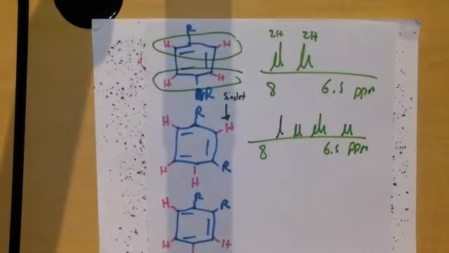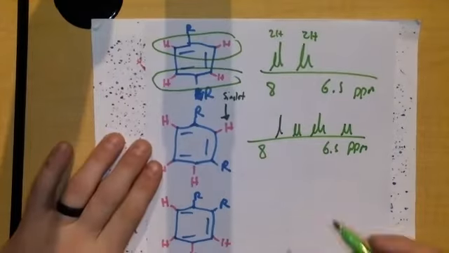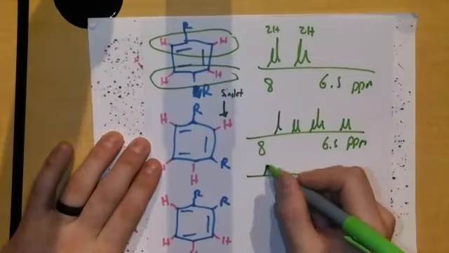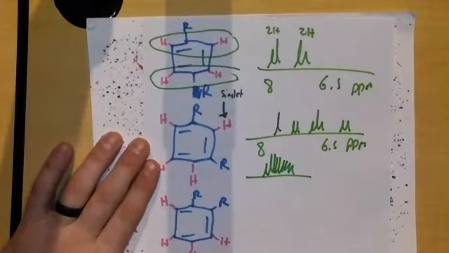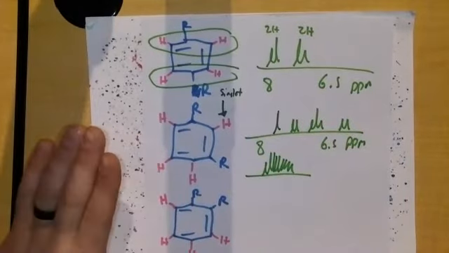This is very optimistic though. A lot of times they get smushed and you might get something that looks like this, where it's just a whole bunch of peaks on top of each other. You can't tell which one it is.